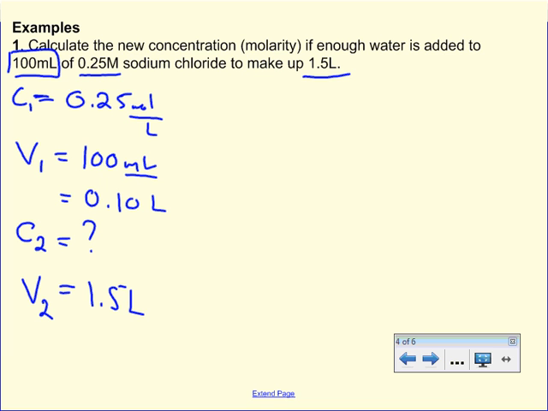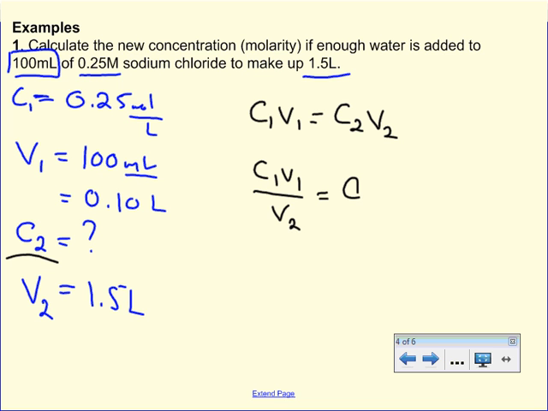So I'm just going to use my C1V1 = C2V2 formula. I'm going to rearrange and isolate C2. So in this case, C1V1 over V2 is equal to C2.